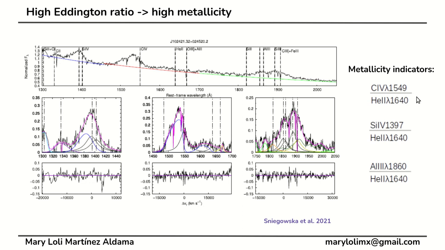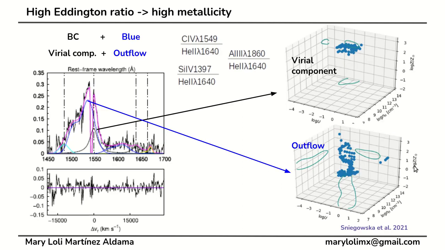So we are using carbon 4, helium 2, silicon 4, and also the aluminum to try to constrain what is happening. Using photoionization codes with the routine Cloudy, we can get a constraint on this. Before, we got indications that these high Eddington ratios have high metallicities for the gas.